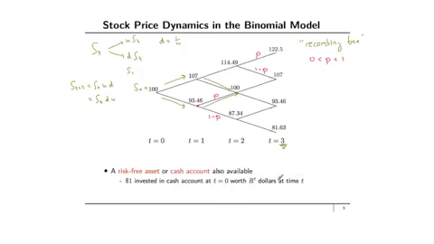So in other words, we're assuming a gross risk-free rate of R per period. And it's risk-free because after t periods, we know exactly how much we'll have. We'll have R to the t dollars if we invested $1 in the cash account at t equals 0. So this is our binomial model. We've got the stock price, which is described by these dynamics here, a 3-period model of the stock price, and we also have our cash account over here.